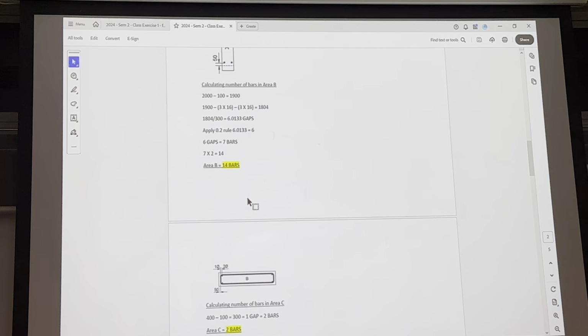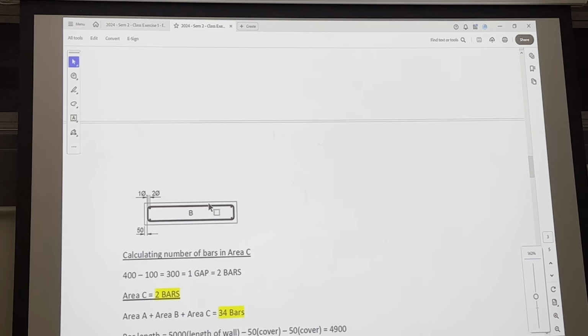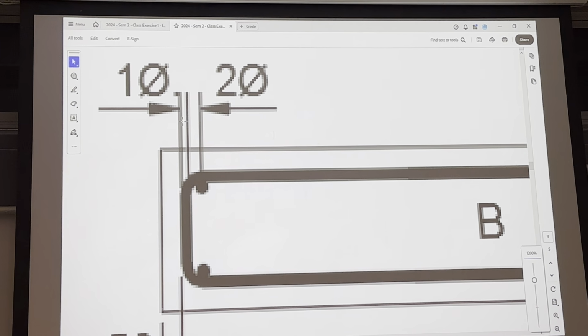The next one, the bars are like this, and it is a diameter and 2 diameters, that makes 3 diameters, plus the cover at each end.